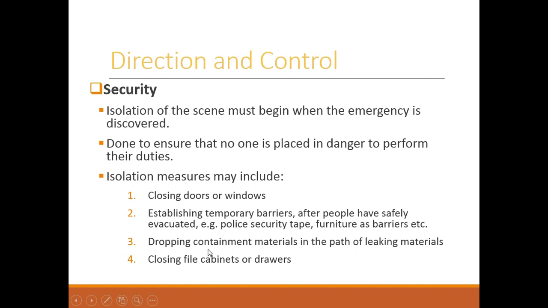Another example may be dropping containment materials in the path of leaking materials. So if you have maybe a chemical spill, for example, you would need to contain that spill. If you have maybe a fire, you would want to protect your files by closing filing cabinets, drawers, etc. So these are just a few examples of isolation measures. There would be many more.